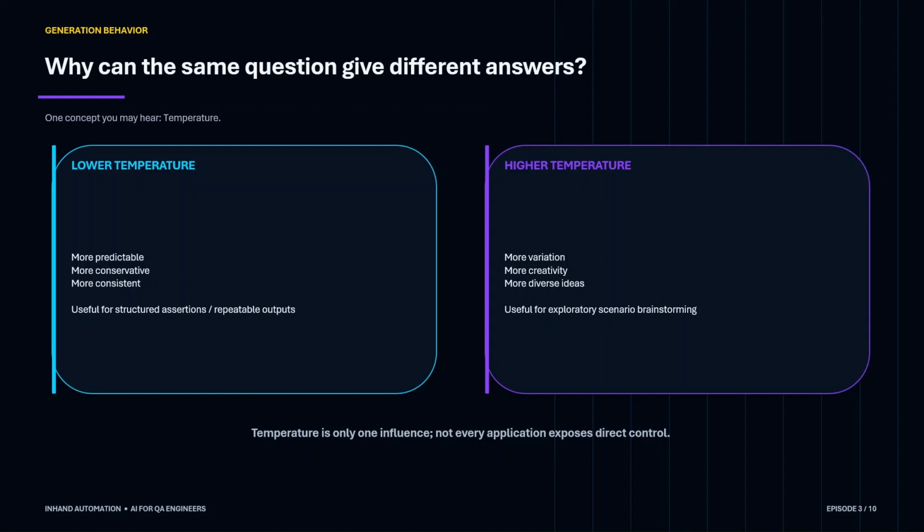So model behavior can depend on more than this one setting. Changing only the temperature will not give you different kinds of responses, but you should understand the concept because you will see it when we later work with AI models and APIs.